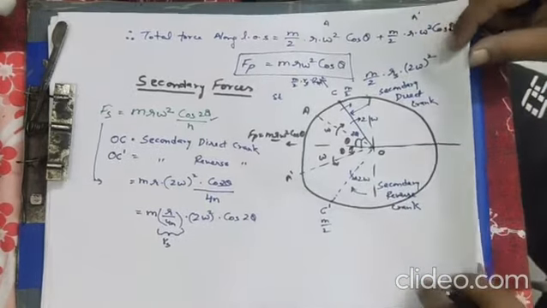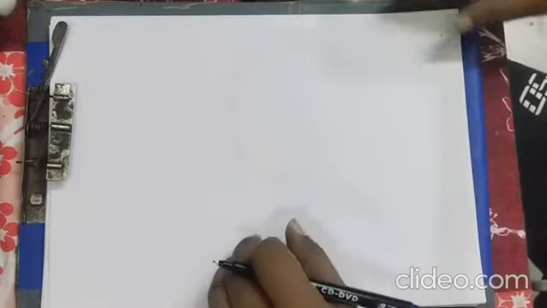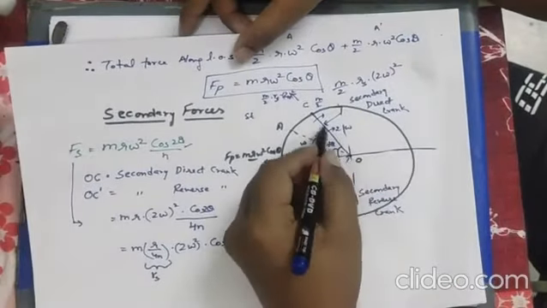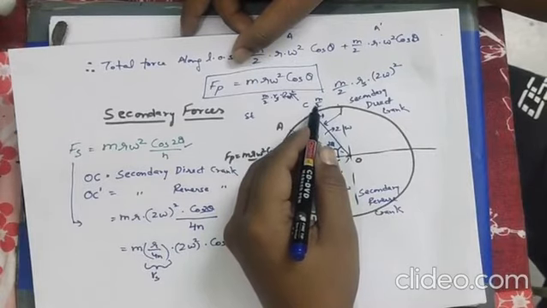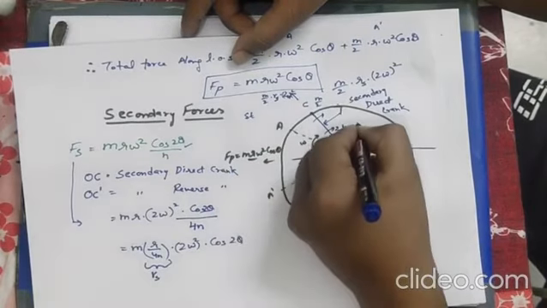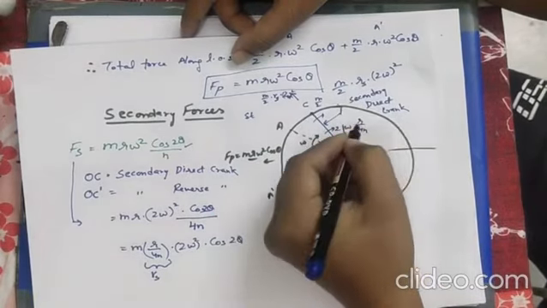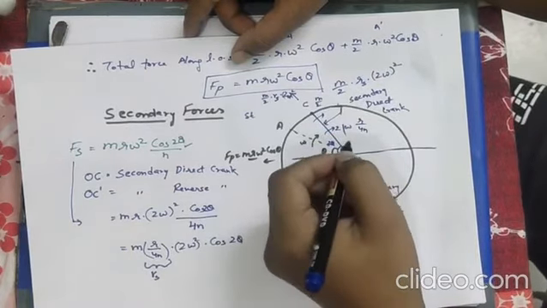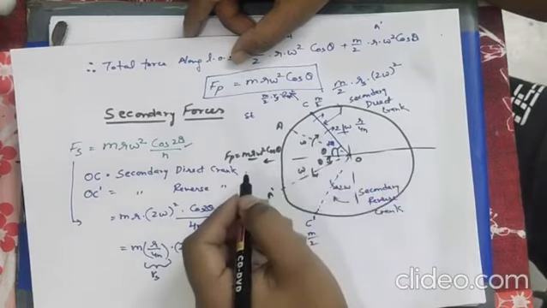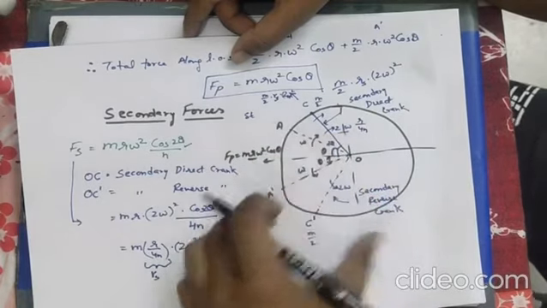So what I mean to say is, the mass m by 2 placed at the end of the direct crank of length, how much? R upon 4n at an angle 2 theta and rotating at an angular speed of 2 omega in the given direction, as you can see in this figure.